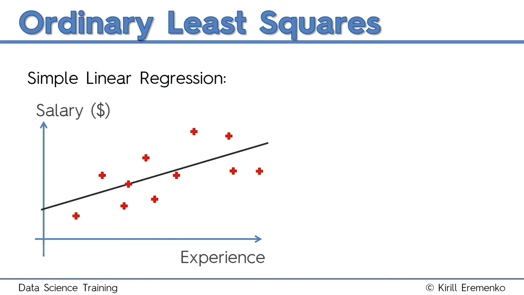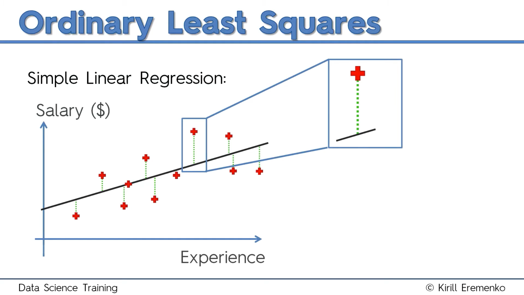So now let's draw some vertical lines from the actual observations to the model. And let's look at one of these specific examples to understand what we're talking about here. So here you can see that the red cross is where that person is sitting in terms of salary. So let's say this person with 10 years of experience is earning $100,000.